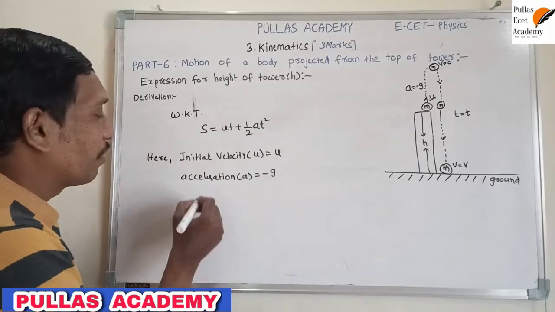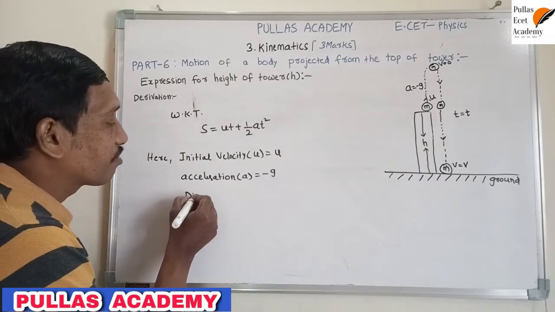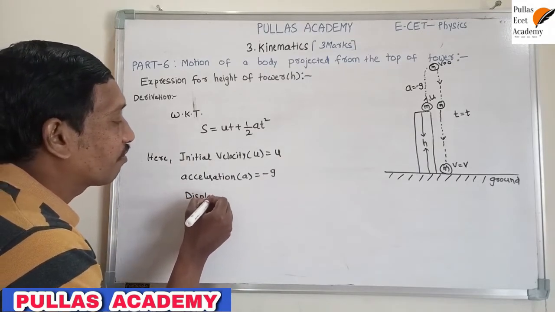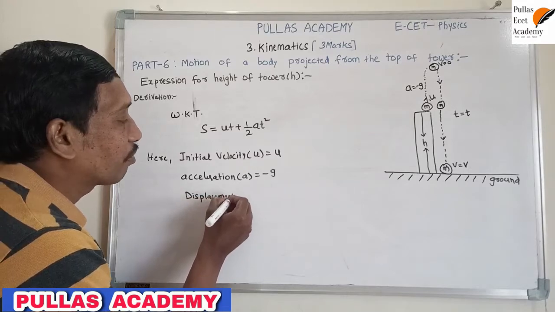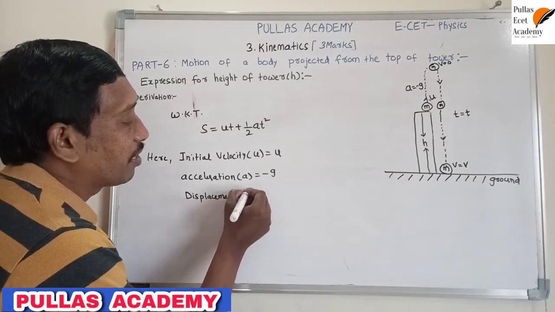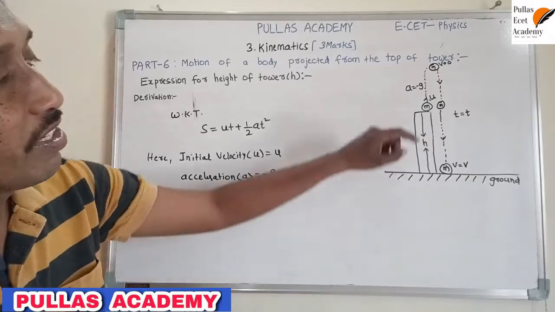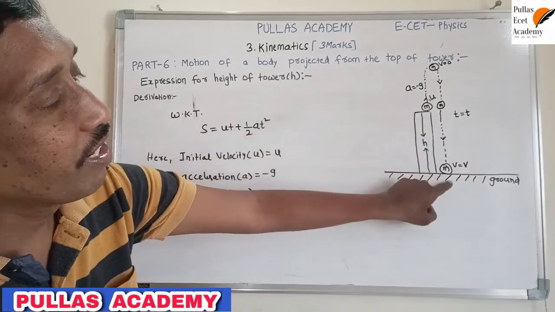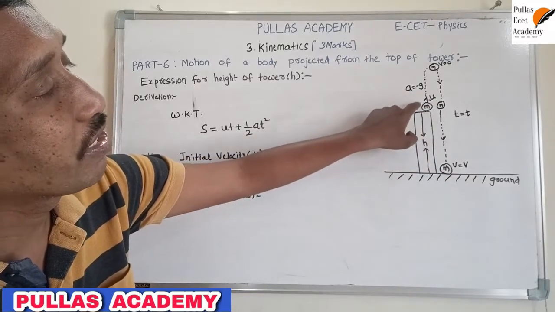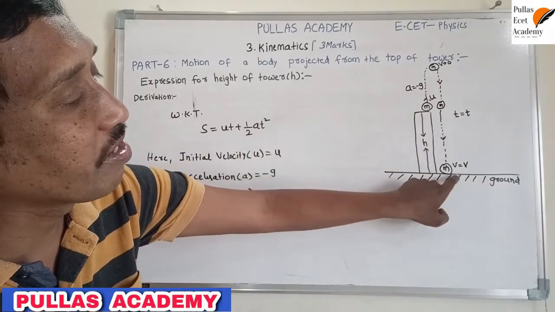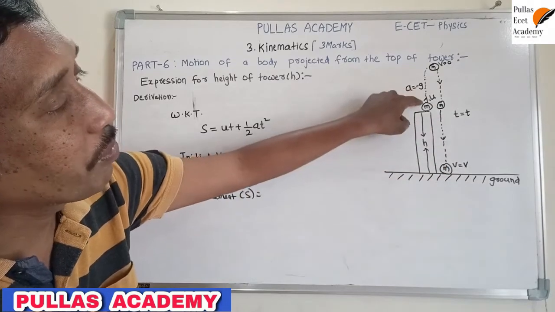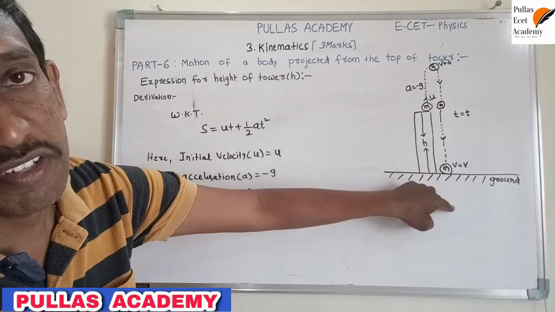Next, one more parameter is displacement. This is very important. Listen carefully. What is the displacement of this body? This is the initial position, this is the final position. The initial position is on the top of the tower, the final position is on the ground. Actually it is projected upwards, but it is displaced downwards.